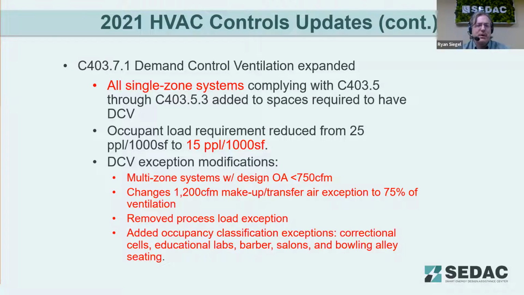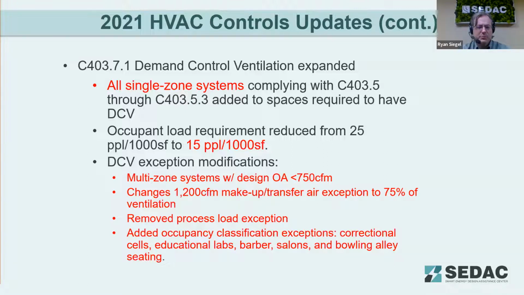So including single zone systems and decreasing this occupant load. Previously, the threshold was 25 people per 1,000 square foot. Now it's 15 people per 1,000 square foot. They've also changed some of the exceptions, allowing for some of the makeup and transfer air systems that we see a lot of times in restaurants and things like that.